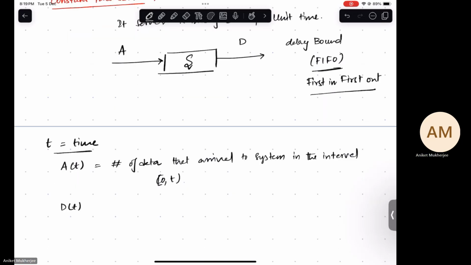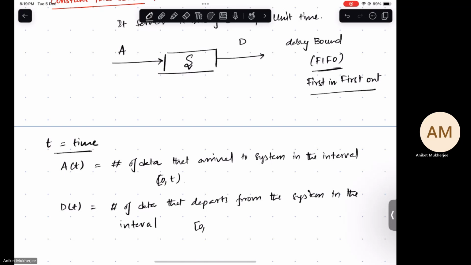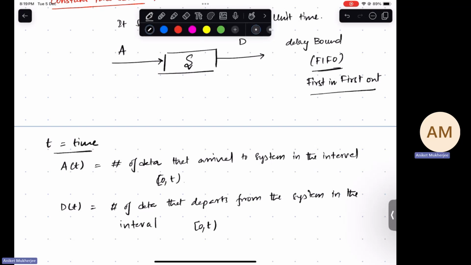Similarly, D(t) is the total amount of data that departs from the system in the interval [0, t).